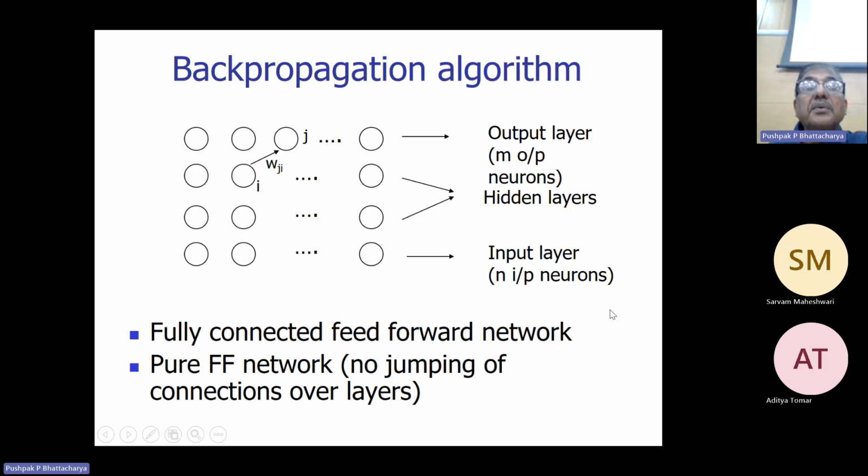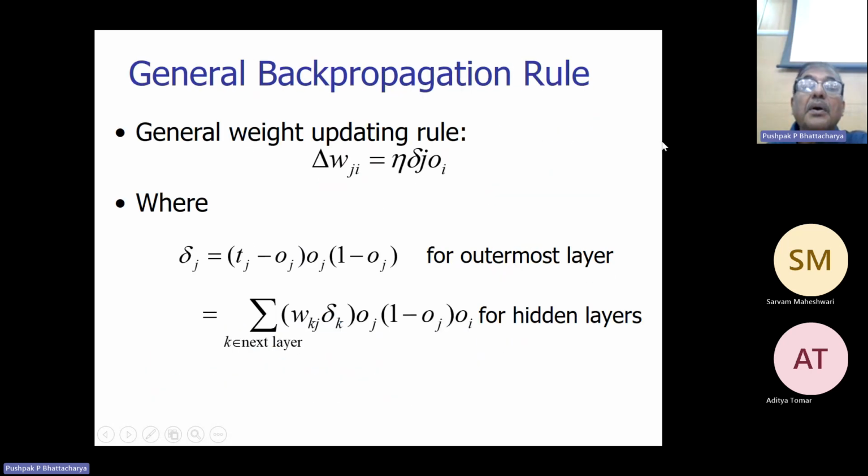And from there, through various derivations for a feed-forward network, we obtained the universal rule of deep neural network training, which is delta w_ji equal to learning rate into delta_j, a quantity in the destination neuron, and o_i, the output of the source neuron. This delta_j value is target minus output into the derivative of the activation of the neuron for an output layer neuron.